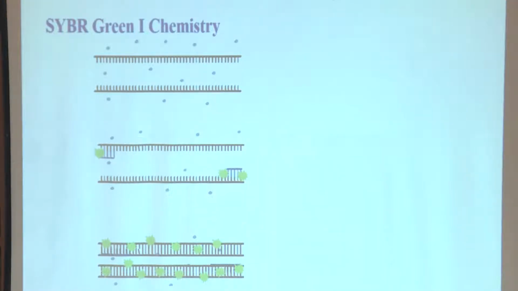So, what happens in the first denaturation cycle? Denaturation. After denaturation, what happens? Primer binding. After that, what happens? Extension. So, basically what is happening here?